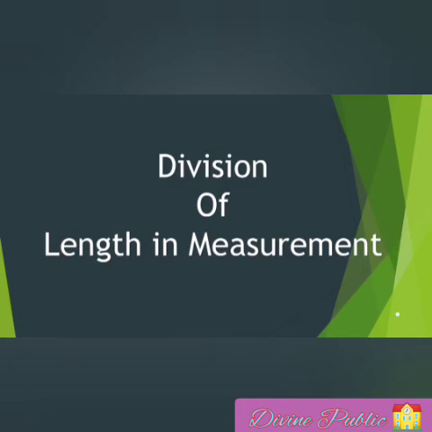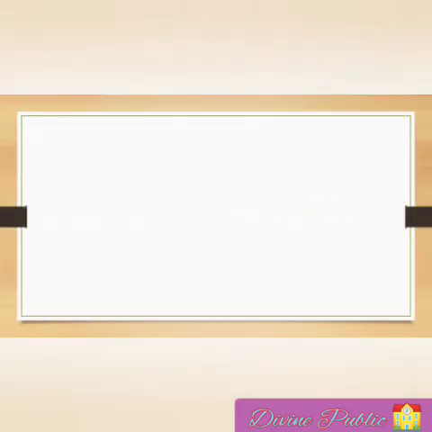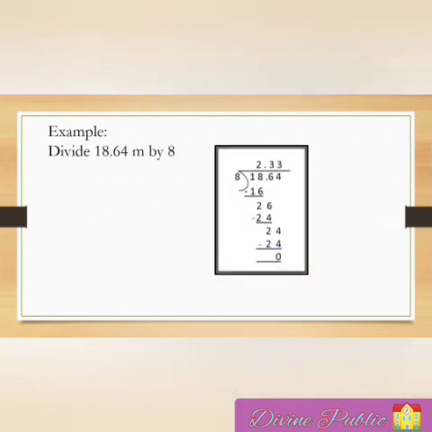Let us see this with the help of example. Divide 18.64 meter by 8. Dear students, division of length in measurement will be solved same as we have done the division in the decimals.